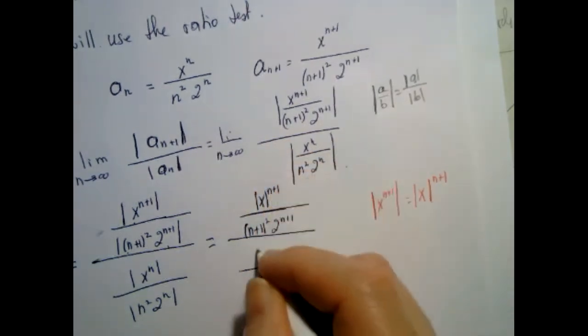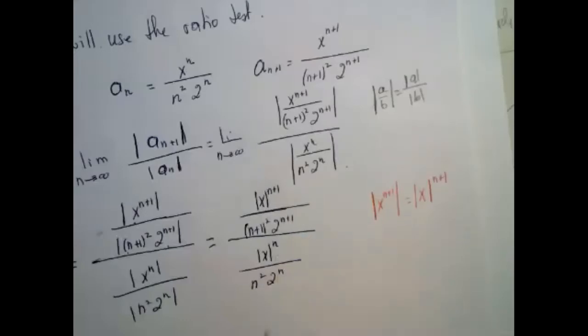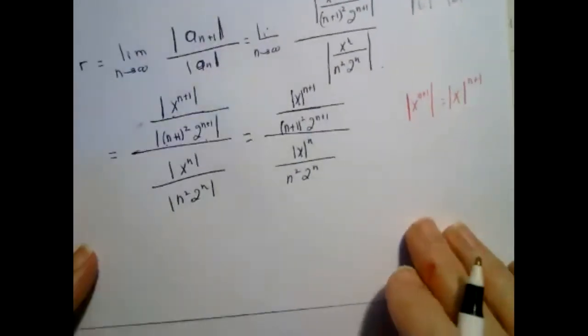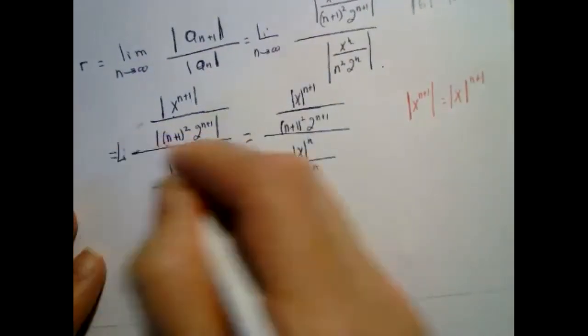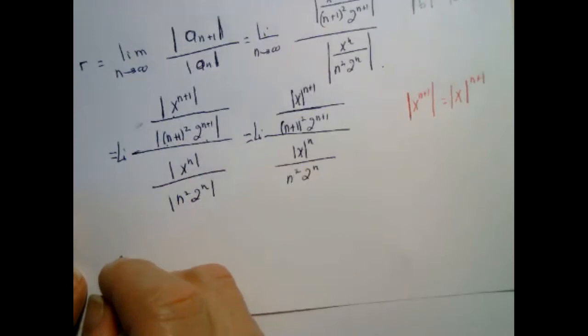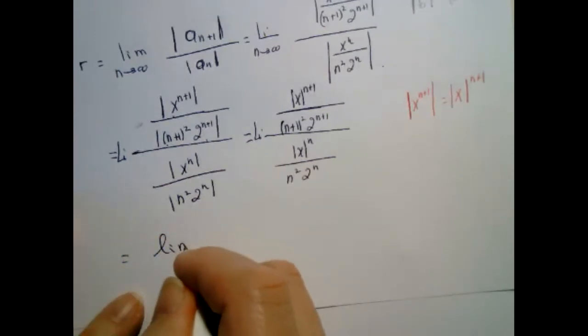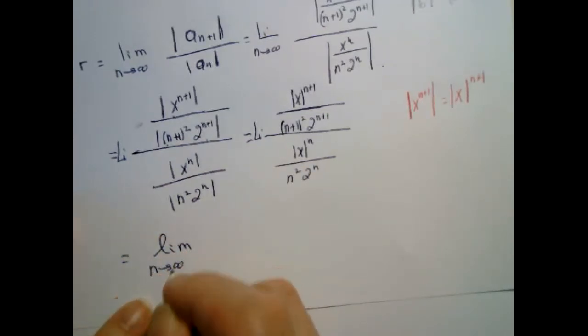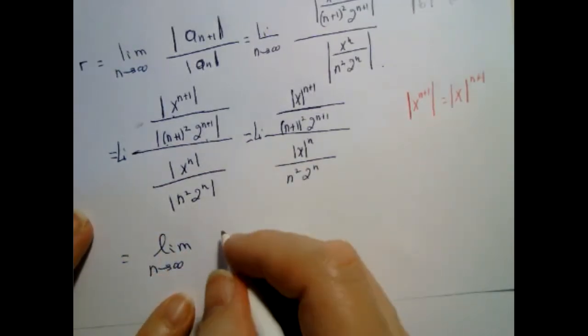So it looks a little bit messy, but we're almost done with the mess. And so this is the limit. Finally, this is equal to the limit as n tends to infinity of the absolute value.